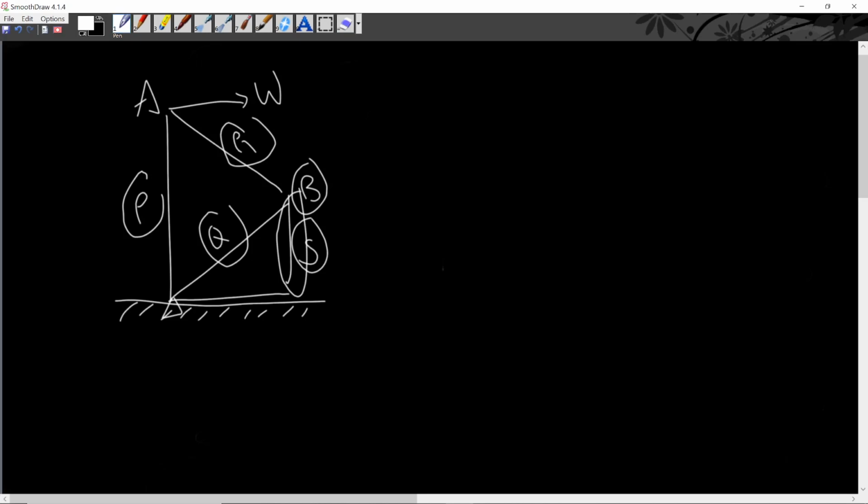If you think of the member P as exerting some kind of a force on A, then P is actually being stretched as this force W pulls on this entire truss.